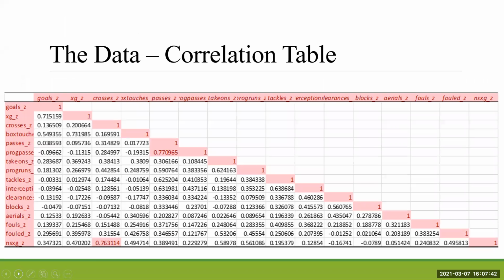So next we ran a correlation table because, one, we wanted to determine which variables were correlated to the number of goals scored, because we're trying to explain that variable. So we need other variables that theoretically and statistically have a strong relationship with it. Next, we also wanted to make sure that no two independent variables had too strong of a correlation.